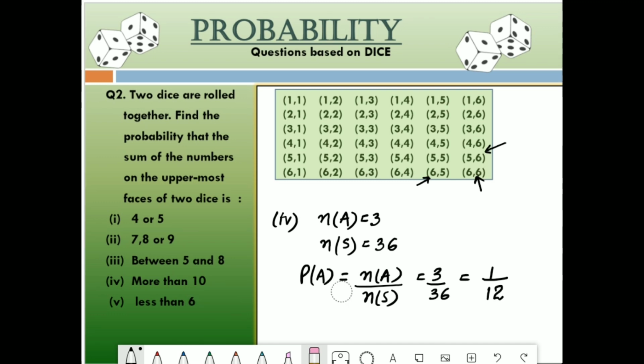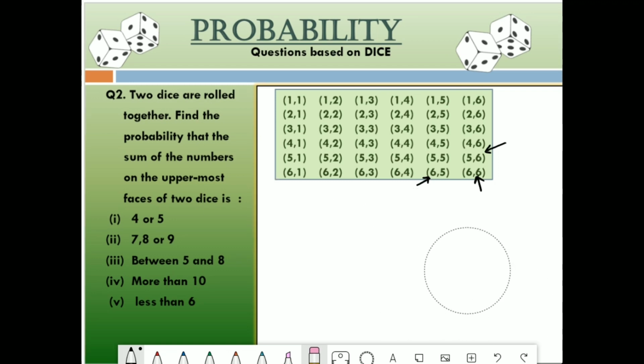Now the last part is less than 6. Okay, so in this case we can include 1, 2, 3, 4 and 5 as the sum. Here 4 plus 1 is 5, so in its diagonal the sum will be equal to 5 only, and 3 plus 1 is 4, so in its diagonal the sum is 4, and 1 plus 2 is 3, and 1 plus 1 is 2.